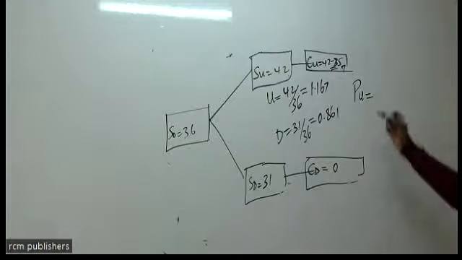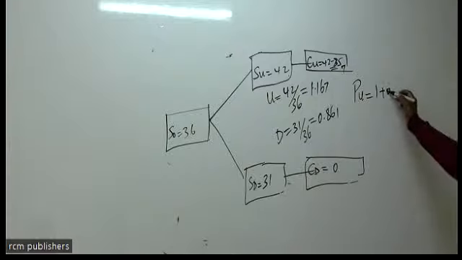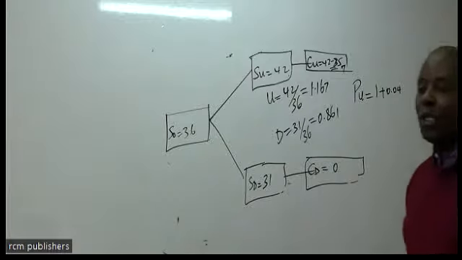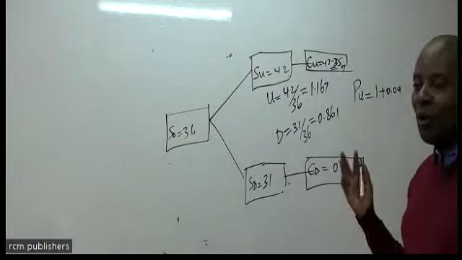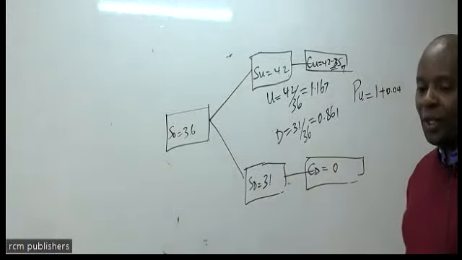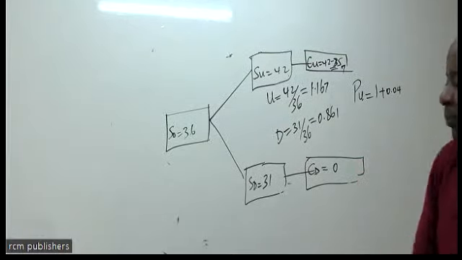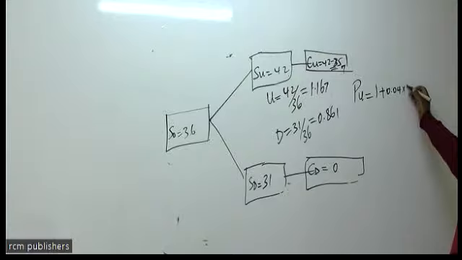So for our pool, we have here 1 plus R. The examiner has given me the risk-free rate of 0.04. But now remember, 0.04 is for a whole year, right? And as we are talking over how many months? 6 months, so 6 over 12.